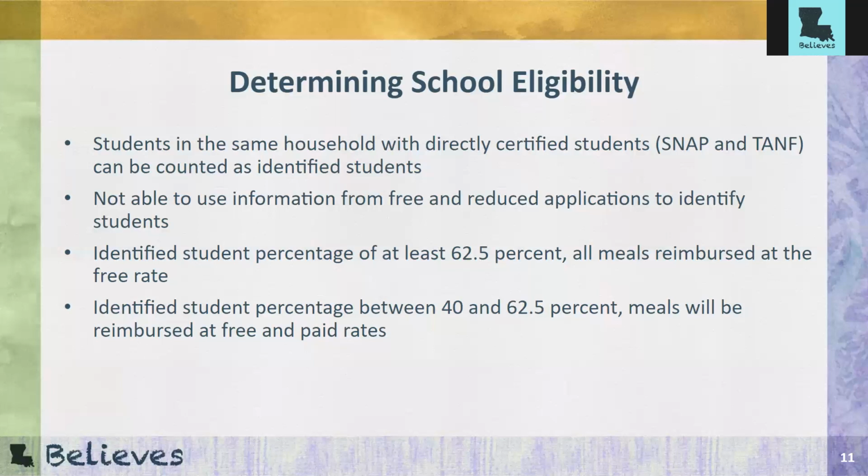So between 40% and 62.5, you can participate in CEP, but the meals will be reimbursed at both the free and the paid rate. So although all of the students will eat for free, the claim will contain a combination of both free and paid rates.